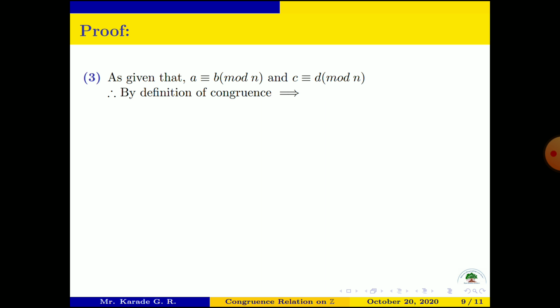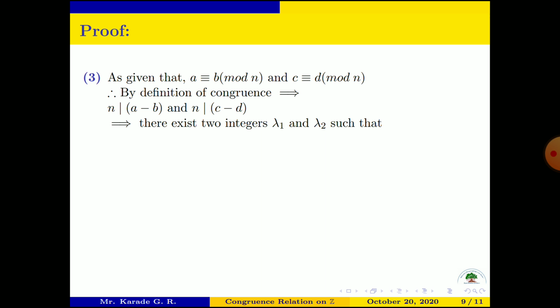By definition of congruence, we have n divides a minus b and n divides c minus d. Therefore, again there exist two integers lambda 1 and lambda 2 such that a minus b is equal to lambda 1 times n and c minus d is equal to lambda 2 times n. So we have equation 1 and equation 2.